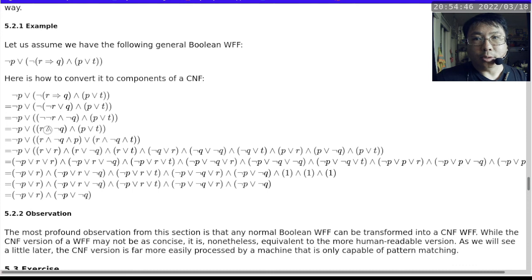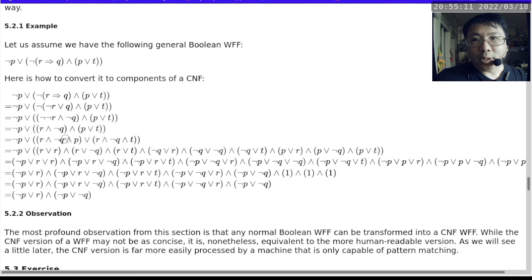Now we do a simplification. It's really important that you do simplification whenever possible, because if you don't, you can end up with super duper long expressions, and then it becomes very hard to handle manually. So I applied simplification so that not R becomes just R itself. Now we have an and.